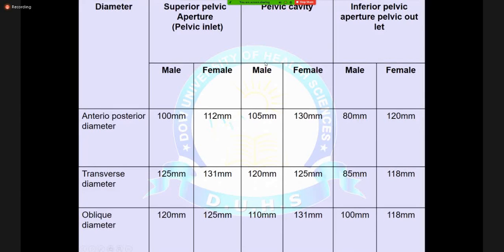Similarly, the pelvic cavity of the female is larger than the male in all three diameters, the conjugate, the transverse, and the oblique diameters. Likewise, when you compare the inferior pelvic aperture, you will notice that again, the females have larger measurements compared to the males.